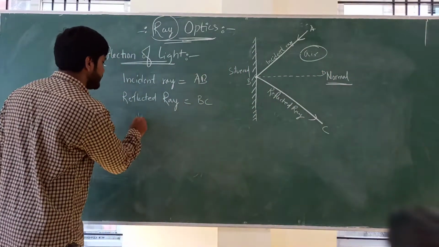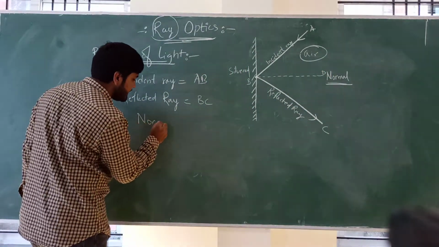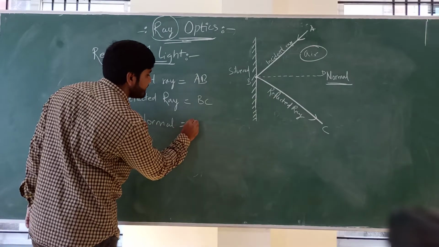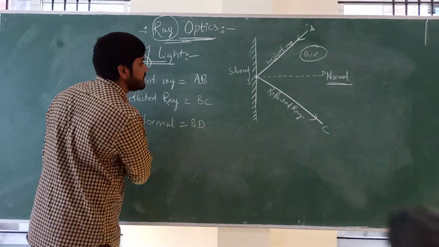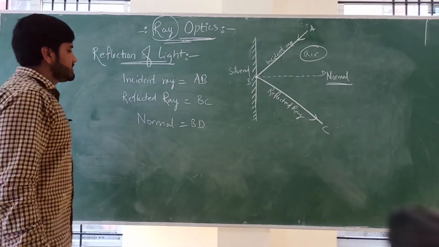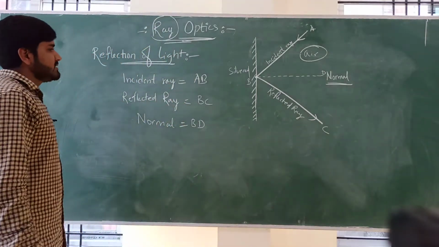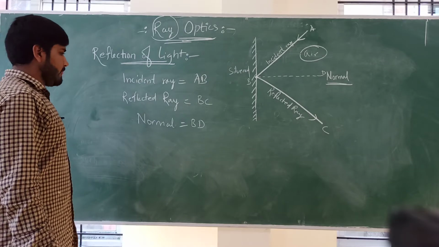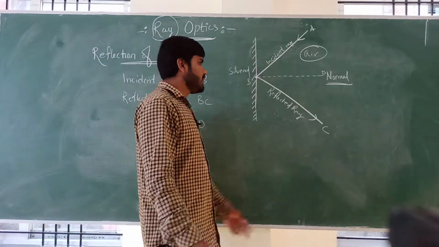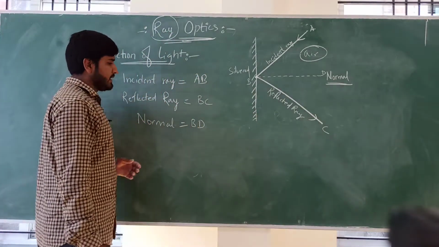Now what is normal? When asked what normal is, you will tell me that BD is normal to the reflecting surface. Okay, so this is incident ray, this is reflected ray, and this is normal. Now one more two terms are there. I will explain that.